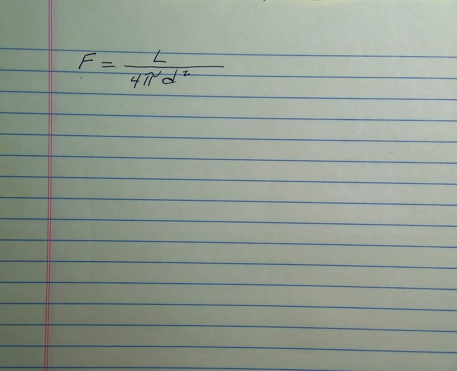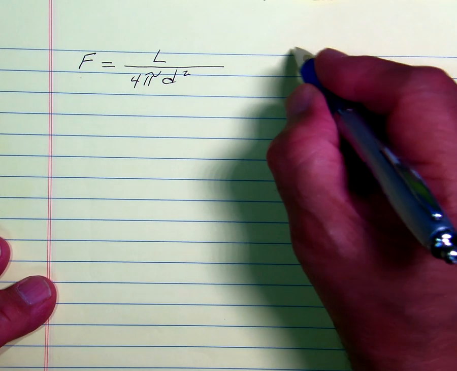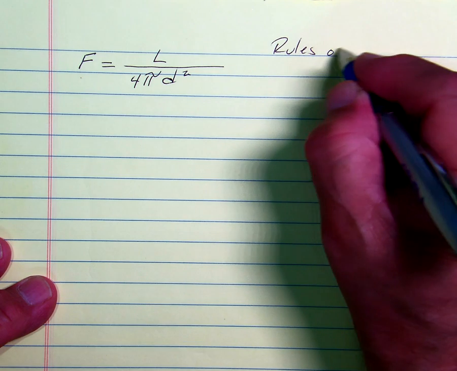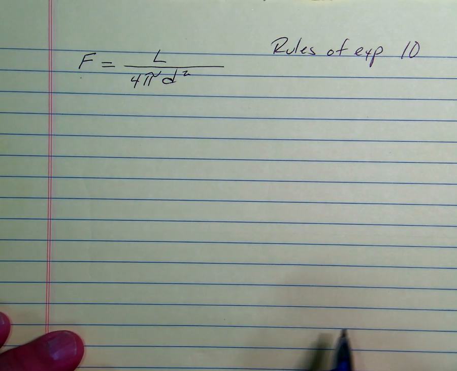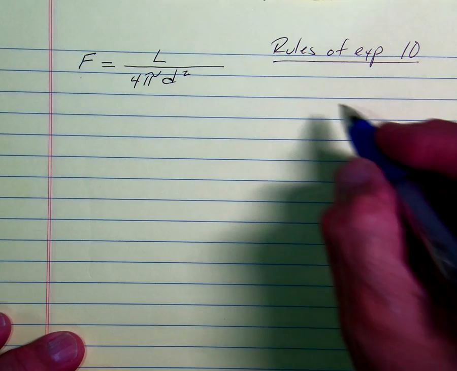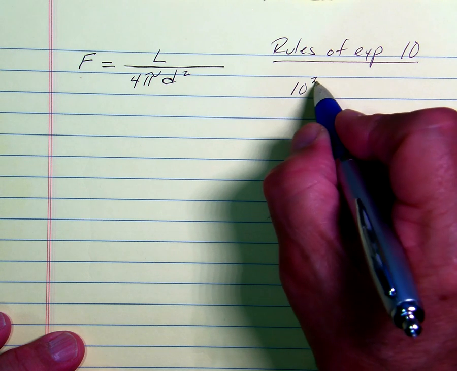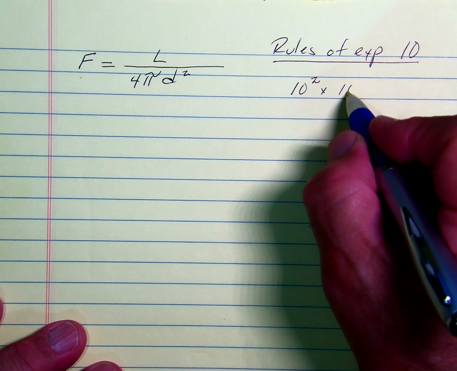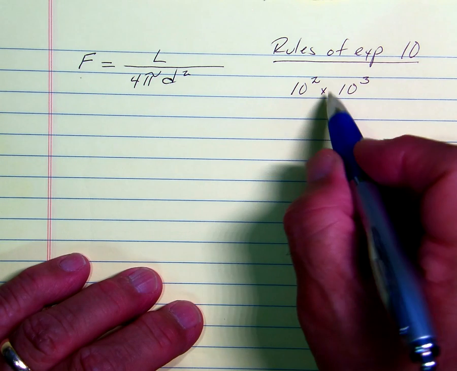Before we get into the details of it, I just want to remind you of a couple of things in terms of the rules of exponents on base 10. A couple of the rules in arithmetic that we want to review, simple stuff. If you take 10 squared, which is 100, and you multiply it by any base 10, say 10 to the third power, the multiplication implies that you add the exponents.